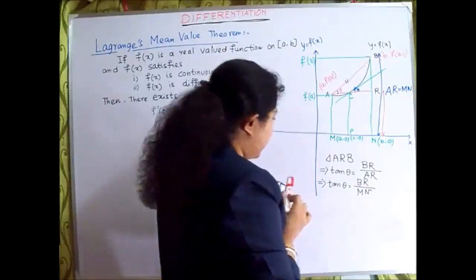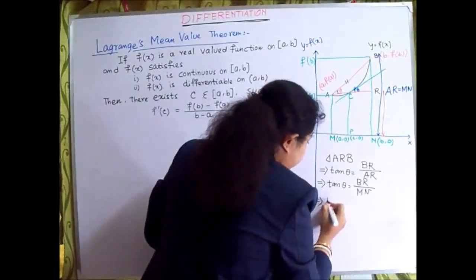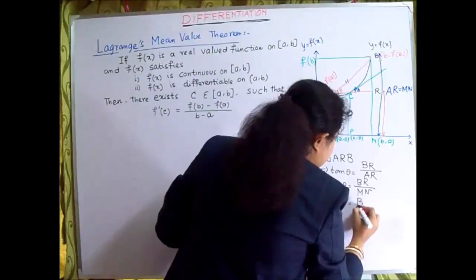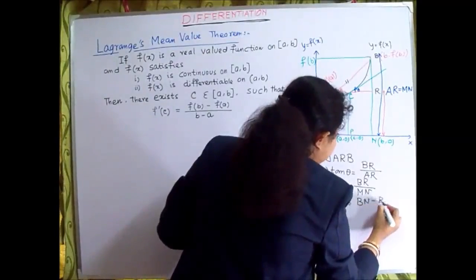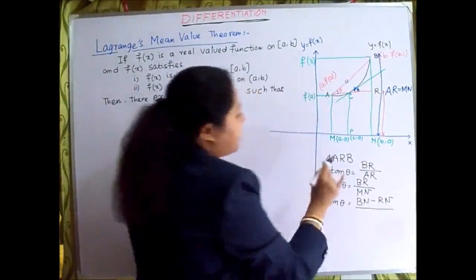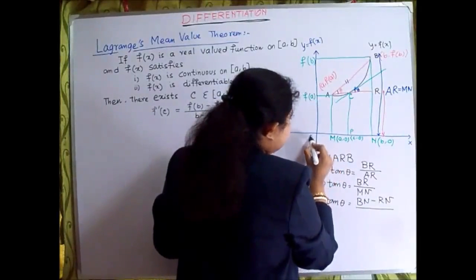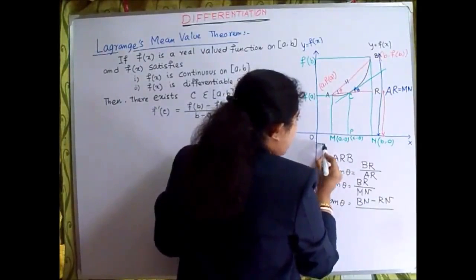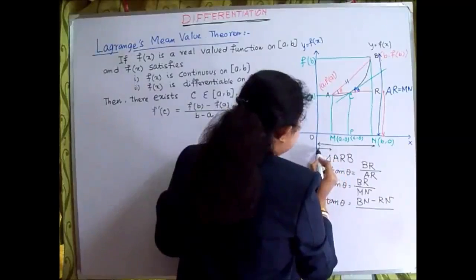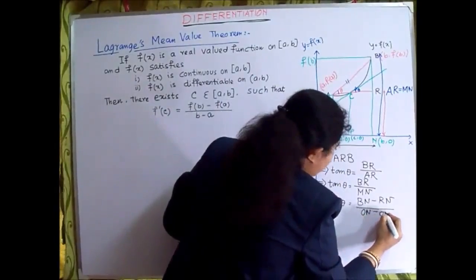So we can write BR is equal to BN minus RN, right? And what is the value of MN? MN is simply, if this one is origin O, ON minus OM, right? ON minus OM.